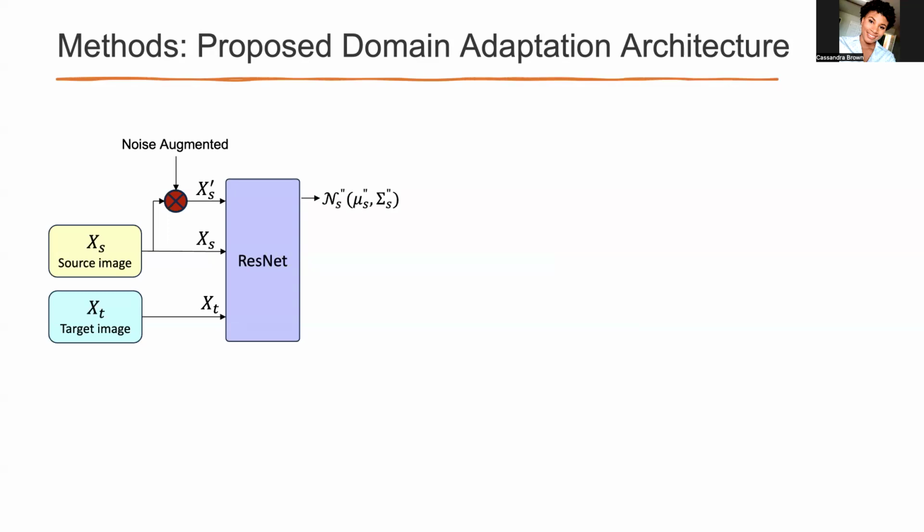Once we have the mu vector, the mean vector and the covariance matrix, we can generate a distribution out of them. I'm showing one example on the top, which is the noisy version. We take the distribution from the noisy branch and we generate some samples. Once we perform sampling, we get the samples as ZS prime.